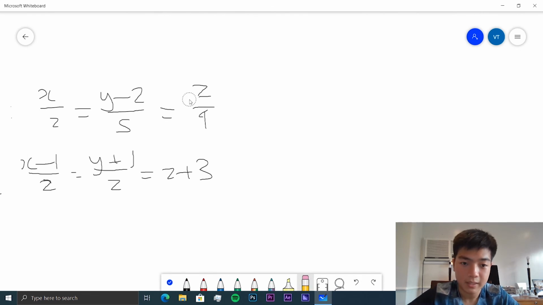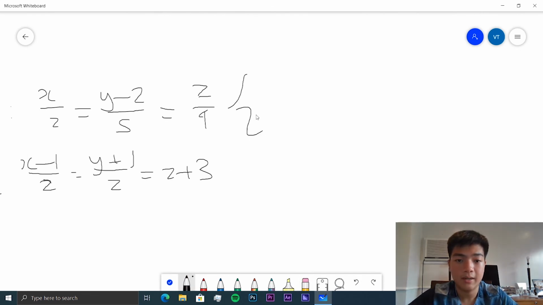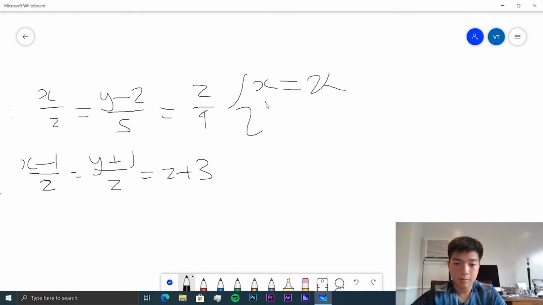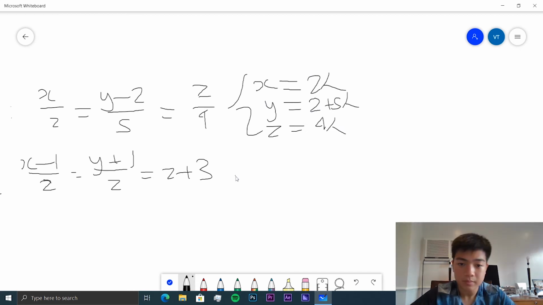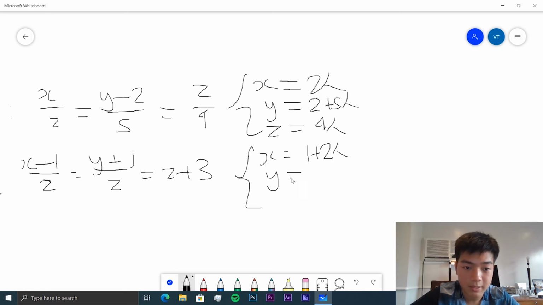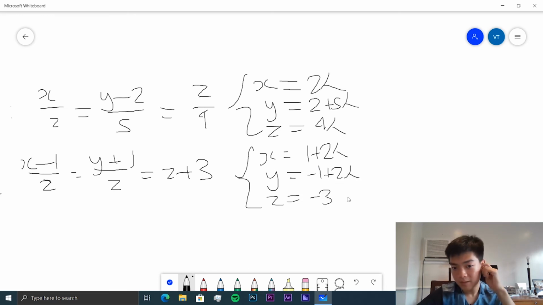That's not a negative sign. So we have x is equal to 2 lambda, y is equal to 2 plus 5 lambda, and z is equal to 4 lambda. And over here we have x is equal to 1 plus 2 lambda, y is equal to negative 1 plus 2 lambda, and z is equal to negative 3 plus lambda.